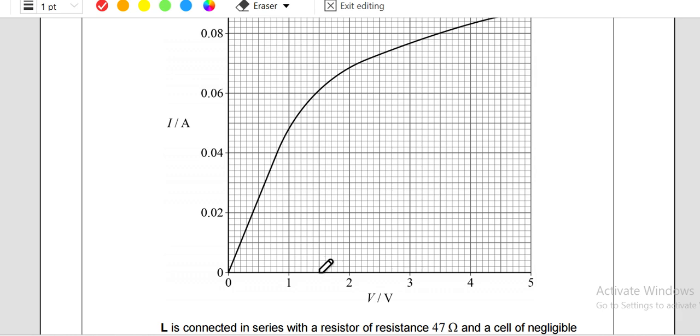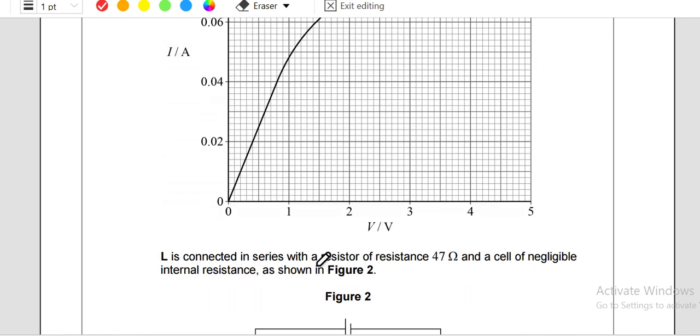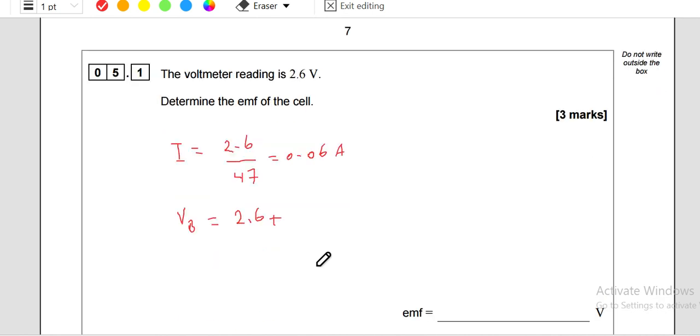This is 1.5, and this is almost 1.45, because it is between 1.4 and 1.5, so it is 1.45.